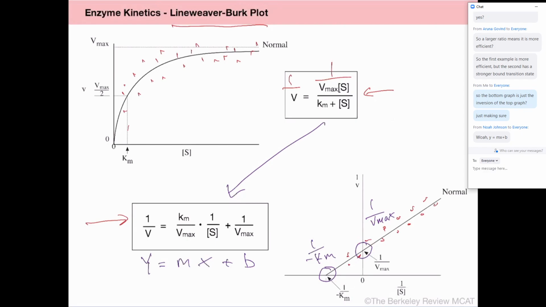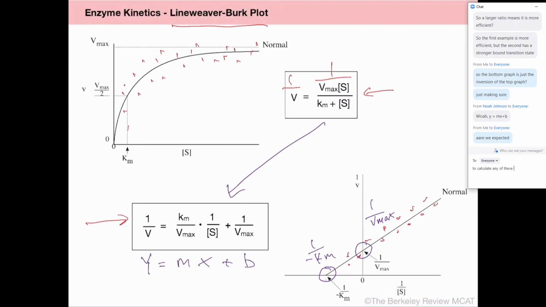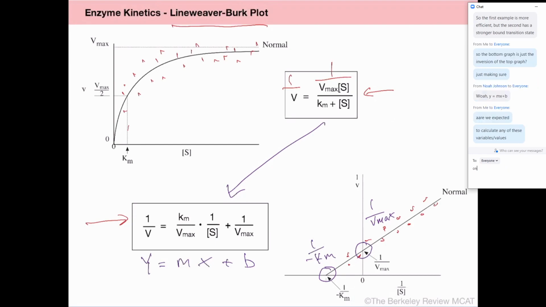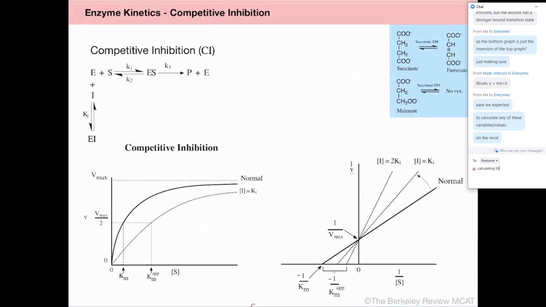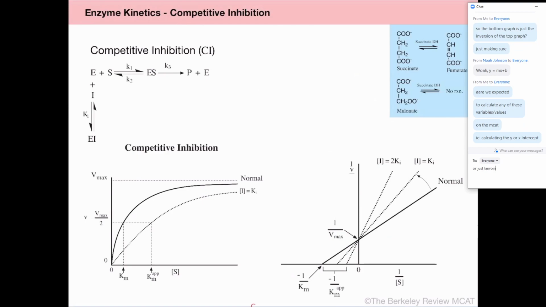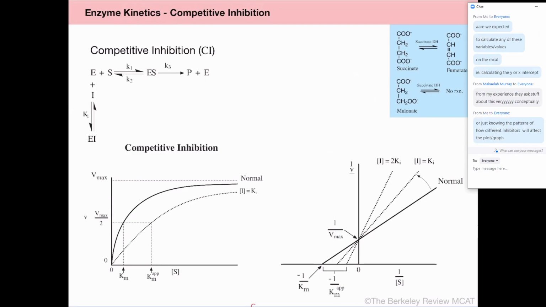Okay. And so why these are very useful is because if we're studying inhibitors, we can see what type of inhibitor they are based on the Lineweaver-Burk plot. So if we look at a competitive inhibitor, right? A competitive inhibitor is a substrate that competes directly with the normal substrate for an enzyme binding site, usually reversible.